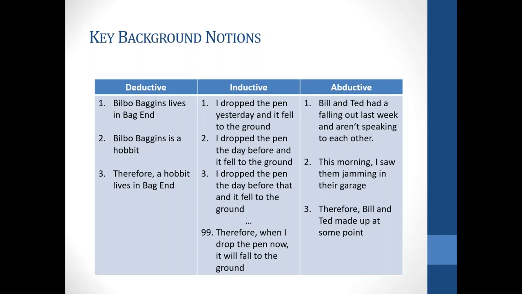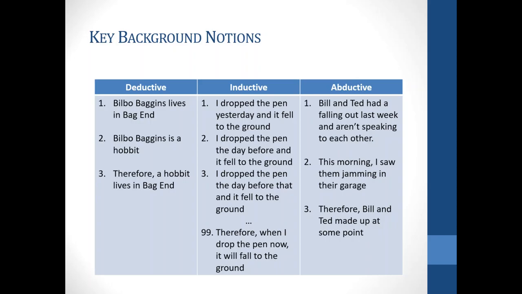I'm not going to do it because it's not my clicker. So note, in an inductive argument, you have a sequence of observations, and the conclusion is then either a generalization or a future prediction. Nathan's come to class every day so far, so he's going to be here today. You see the idea? Generalization or future projection.